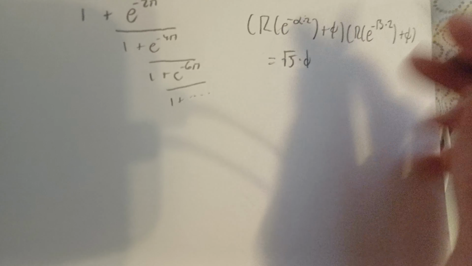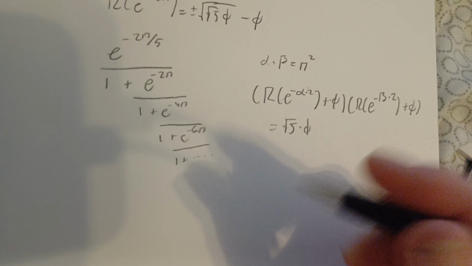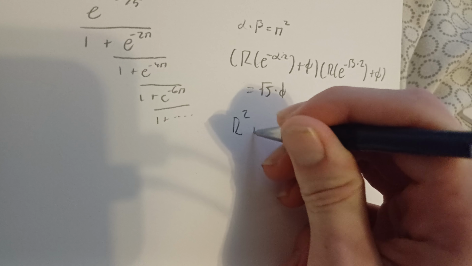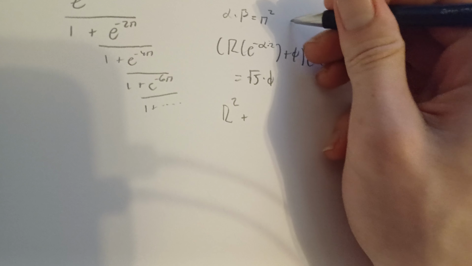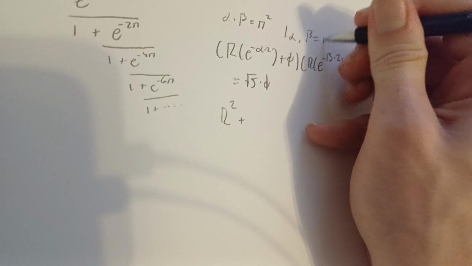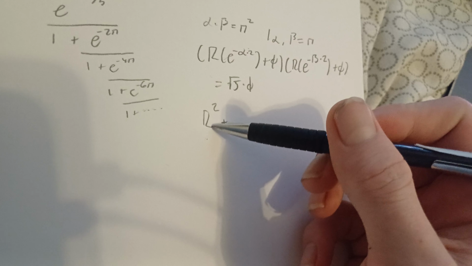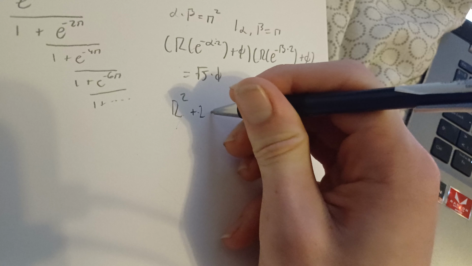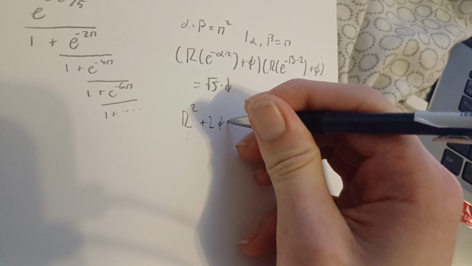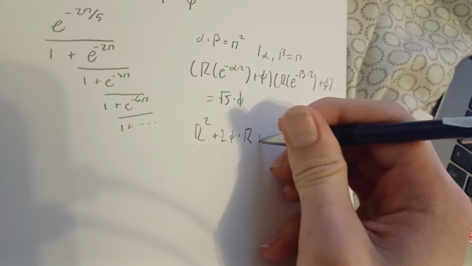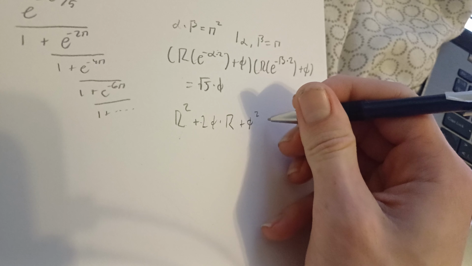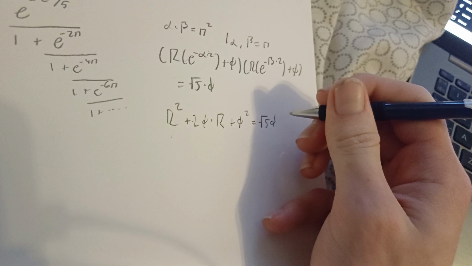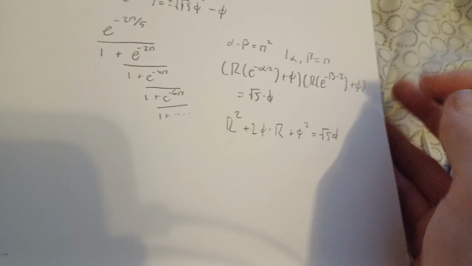Okay, and if we multiply this out, we should get that the continued fraction squared, if we replace alpha and beta by pi, the wanted continued fraction, plus 2 golden ratio times the continued fraction plus the golden ratio squared, equals square root of 5 over the golden ratio.